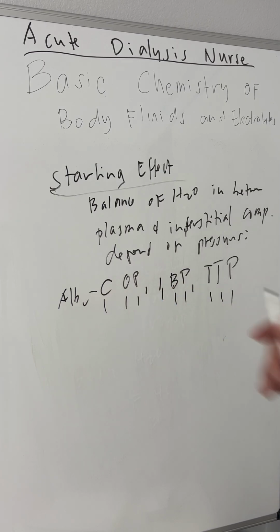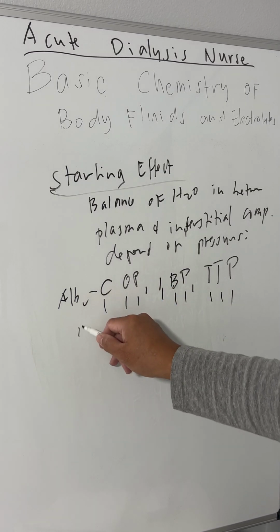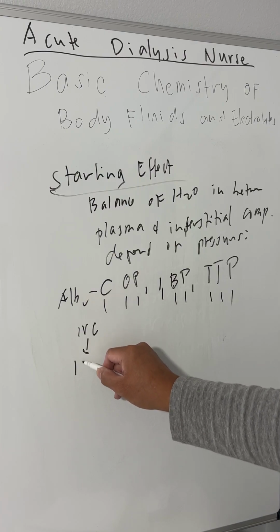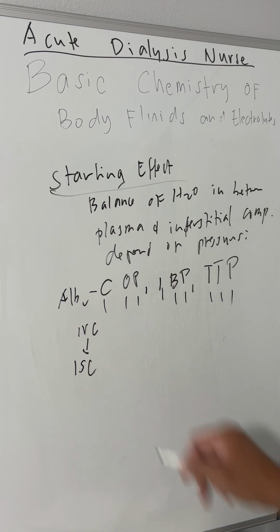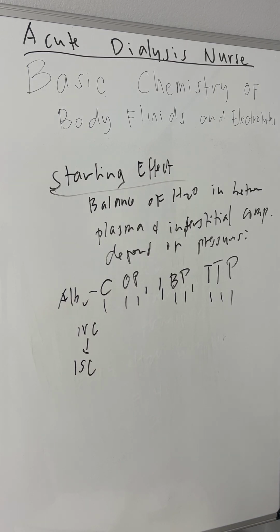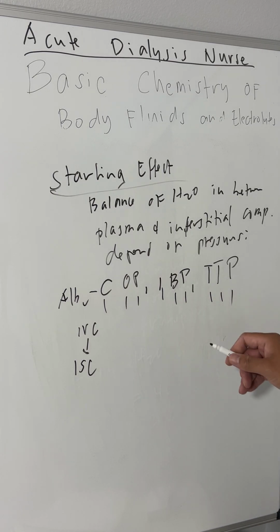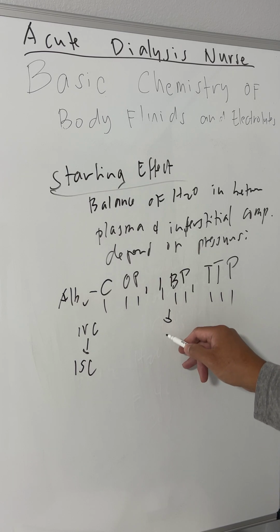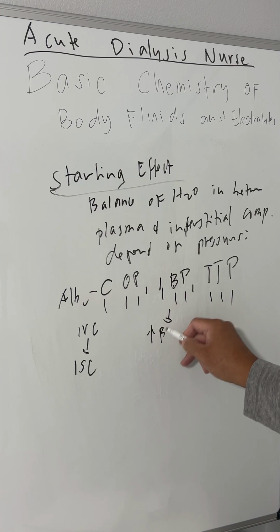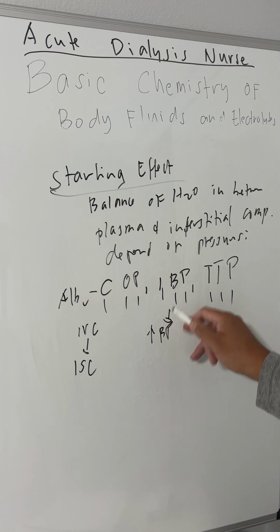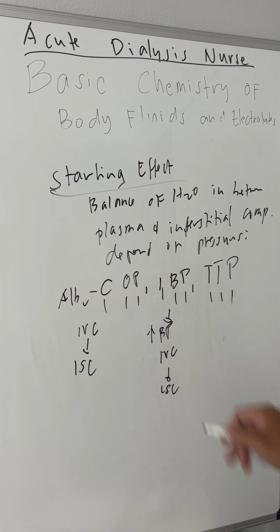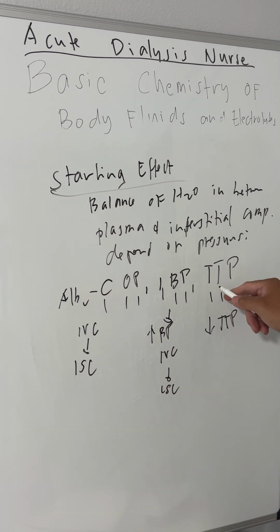So the fluid from intravascular seeps to the interstitial compartment. How about your intercapillary blood pressure? If you have high blood pressure, it will push fluid from intravascular to interstitial compartment.